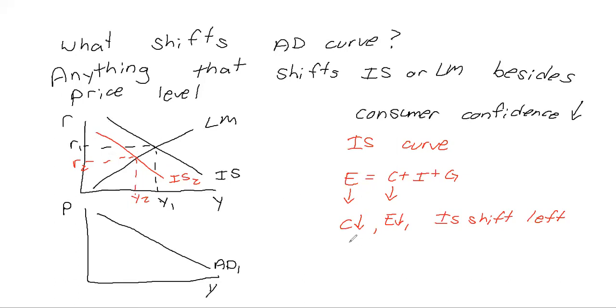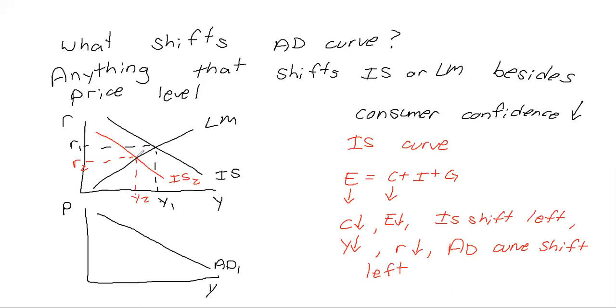Okay. So when the IS curve shifts to the left, we see a decrease in output. This decrease in output also comes with a decrease in the real interest rates. And which way does the AD curve shift? It shifts to the left.